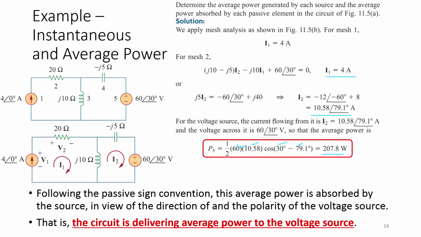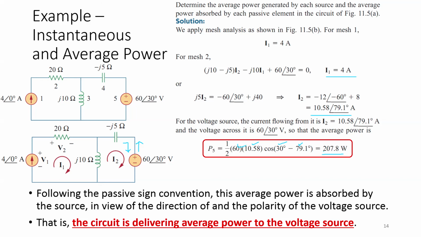And this power is absorbed by the source in view of the direction and the polarity of the voltage. The polarity is positive here, so it means that this is trying to push the current like this. However, this current I2 is flowing here, which means that I2 is forced to flow into this battery, this voltage source. We can say that this voltage source is being charged with this current I2.